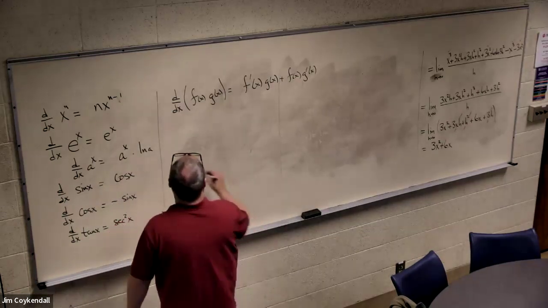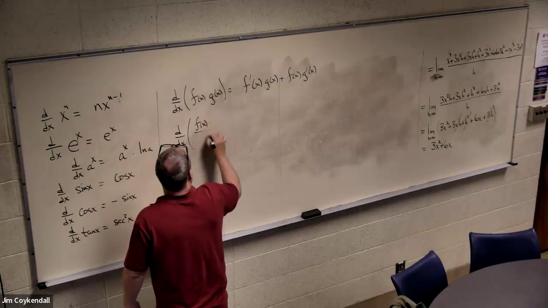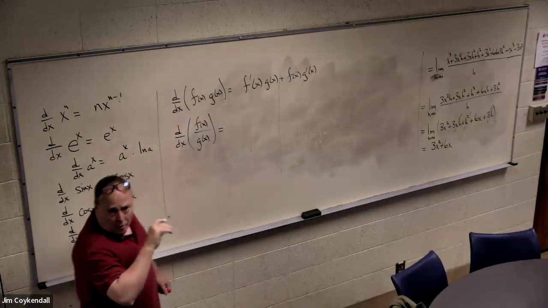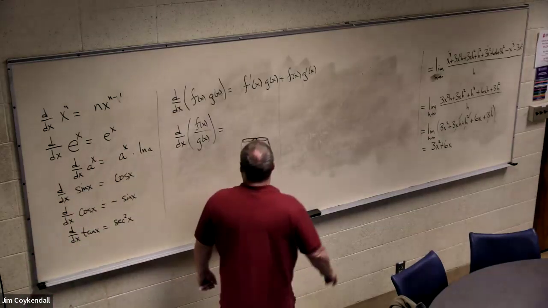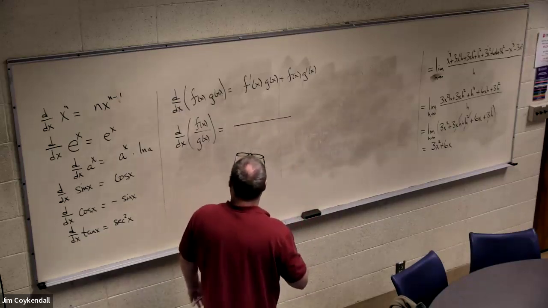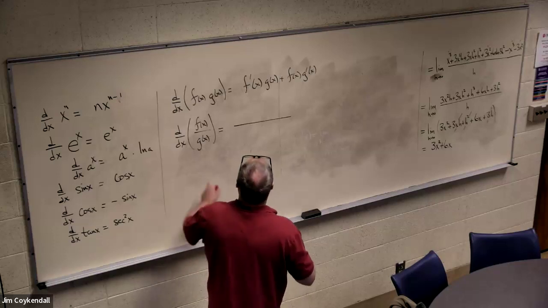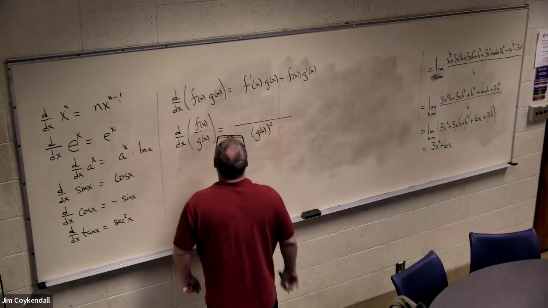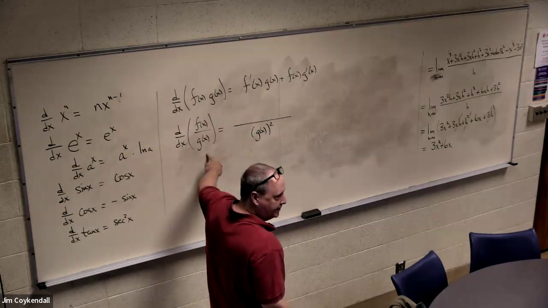How about this? Well, it's easy to get this. Bottom squared, you get a new fraction: square the old bottom.